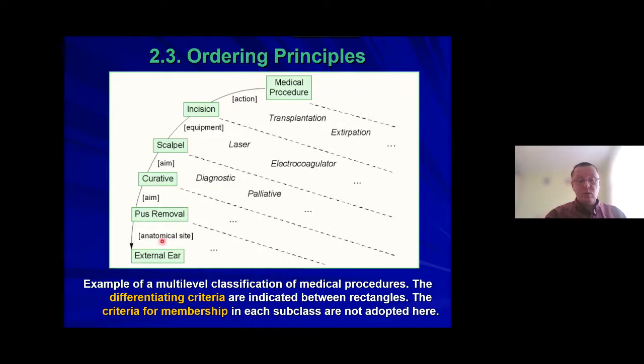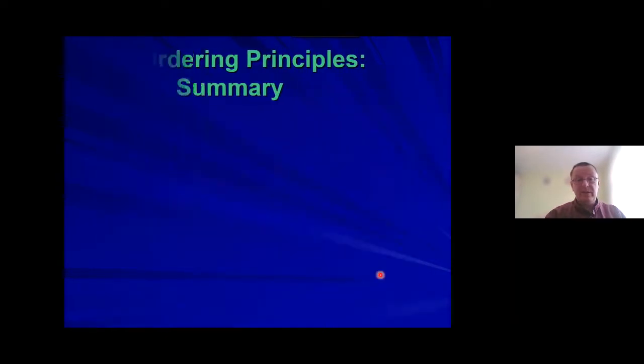So here we will have one action, equipment, at least a pair of aim and anatomical site, and even criteria of membership of each subclass, not provided here. So we have a very complex structure if we decide to create a medical coding classification system.